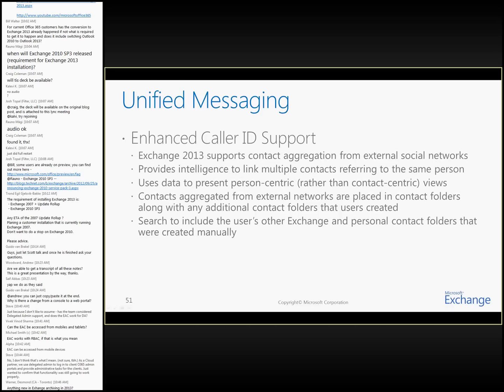So now the enhancement to caller ID is that it is both aggregating these contacts and treating multiple contacts that point to the same person as a single person, giving you a person-centric rather than a contact-centric view. And we're using the person ID property, which allows us to treat multiple contacts as the same person by matching them through that same person ID property.